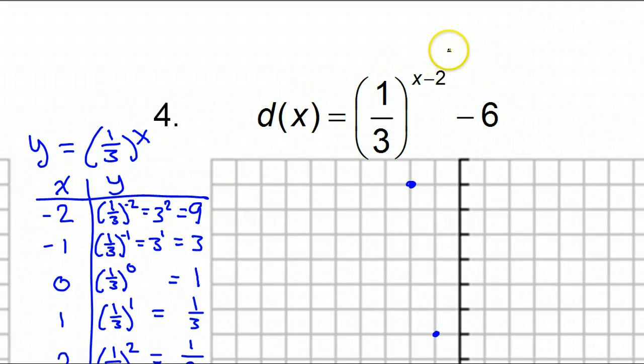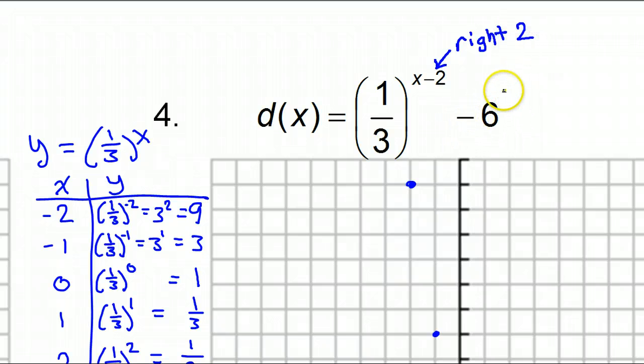Once again, we've got these two transformations. This x minus 2, what is this minus 2 going to do? Remember, in the exponent, this is left-right motion, and it is the opposite of what you would normally think. So minus 2 up here is going to send you to the right by 2.